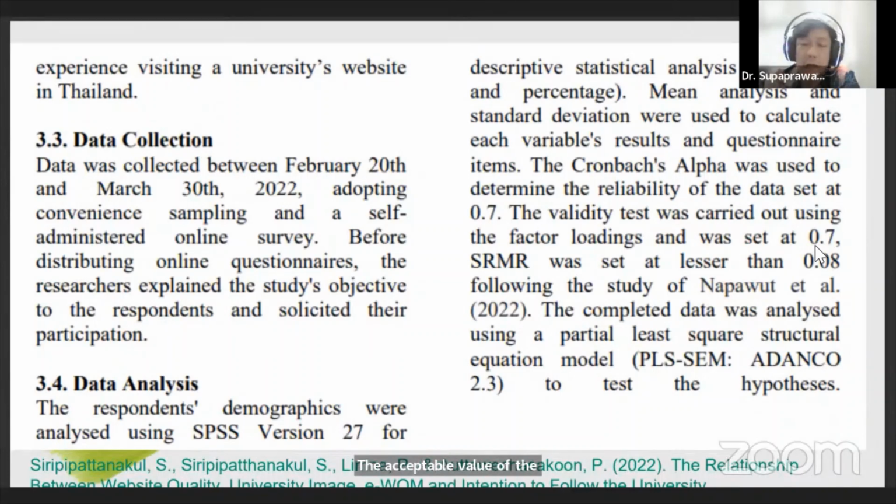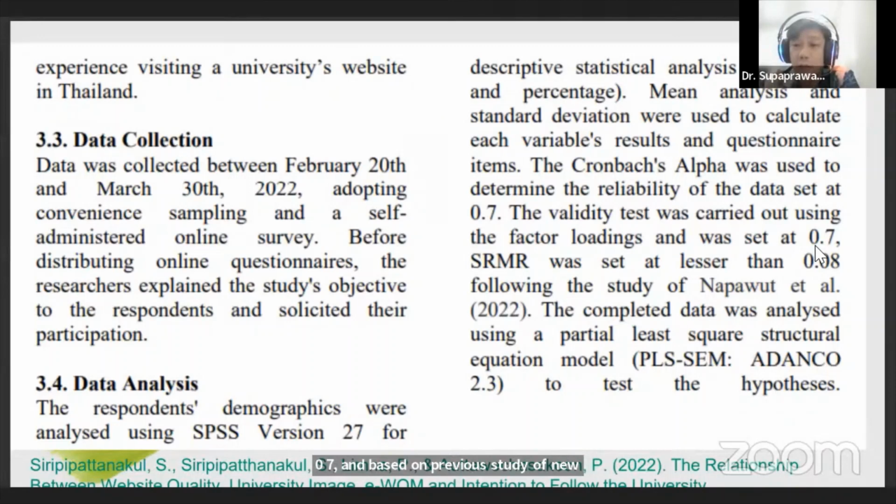In this case, the acceptable value is over 0.7, the acceptable value of the factor loading is over 0.7, and the acceptable value of SRMR is less than 0.07, based on previous study or new study.